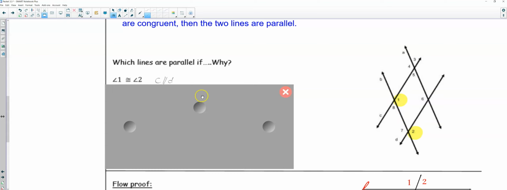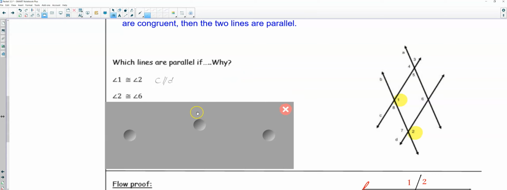Okay, let's take a look at another one. They give us angles 2 and 6. Notice angles 2 and 6. These are alternate interior angles because they will be between these two lines, lines A and B, where line D now is the transversal. This other line doesn't count, so take it out of your mind.